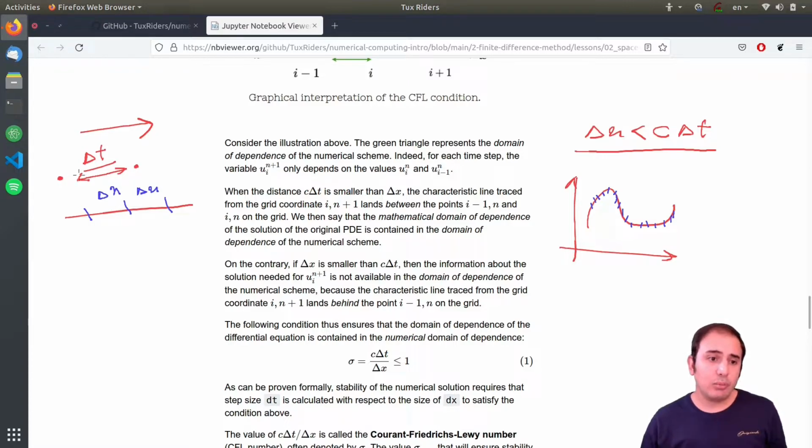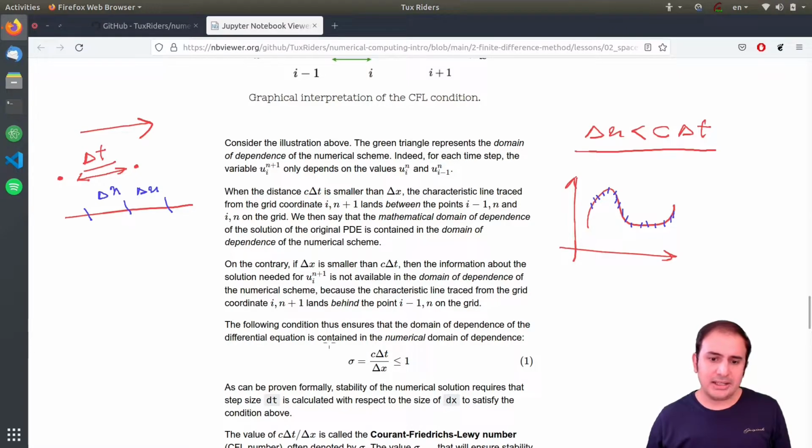If it goes more than one grid size, then we lose the track, and the numerical simulation will diverge, or doesn't converge. This is a very nice interpretation of what's happening here and how it works in action.